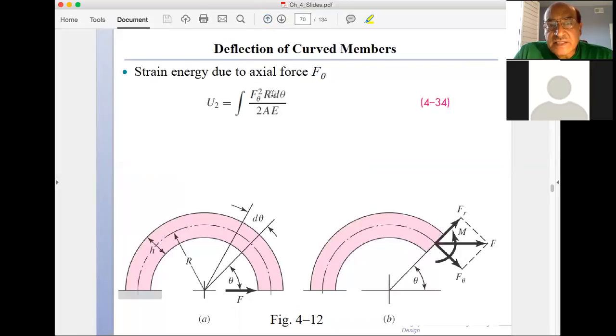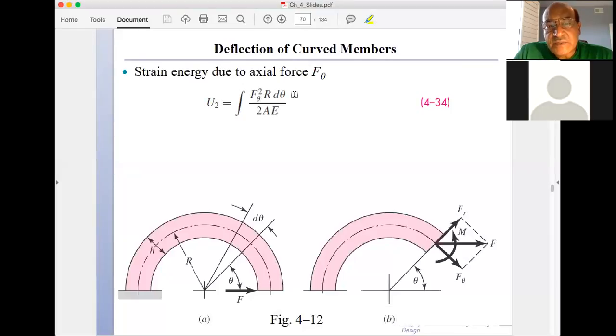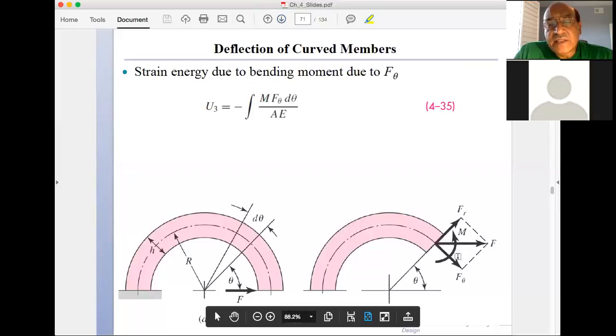The only thing is that the axial force is not applied to a straight member, so it's applied to a curved member. So you have to recover part of the energy, because the axial force also causes a bending moment on its own. So the axial force has two parts. One part is F squared over 2AE times the length, which is what we know from a straight bar, minus the effect of the influence of the axial force on bending, which is M times F over AE.